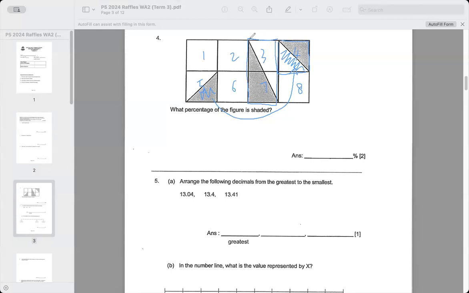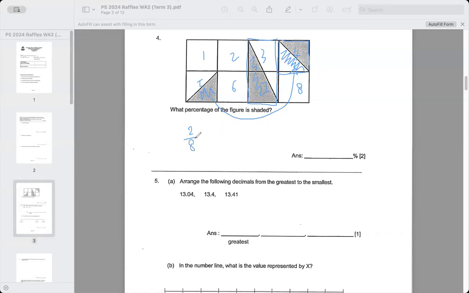When this diagonal is slanted, it means that half of this rectangle is shaded. This whole thing is 2 squares, so half of it will be 1 square. So this part that is shaded will also form another 1 square. This part I've just moved over will form another 1 square. So total shaded will be 2. Total of this whole figure will be 8 squares.